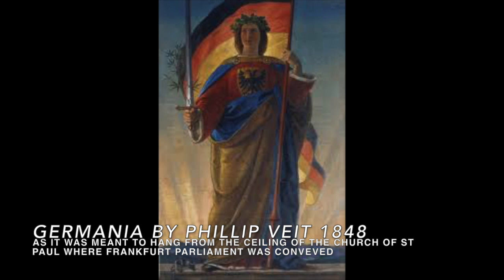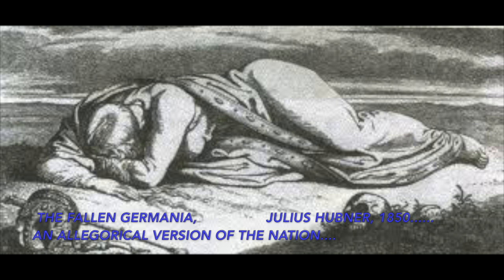The Fallen Germania by Hubner in 1850. In this painting, the historical event that Hubner refers to in this allegorical vision of the nation is that he depicted Germany as a fallen woman with the crown and the standard thrown aside, because the hope of the German people to unite the German nation under one ruler was shattered when Wilhelm IV, the King of Prussia, rejected the offer of the crown by the Frankfurt Assembly.